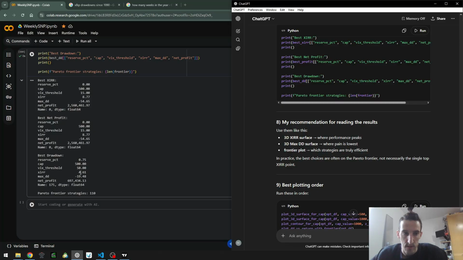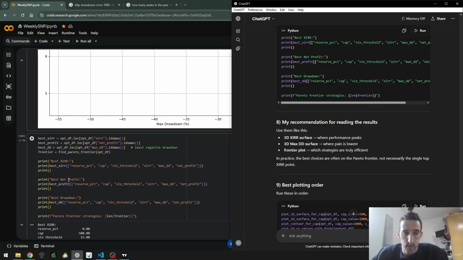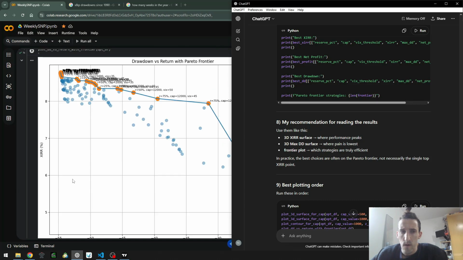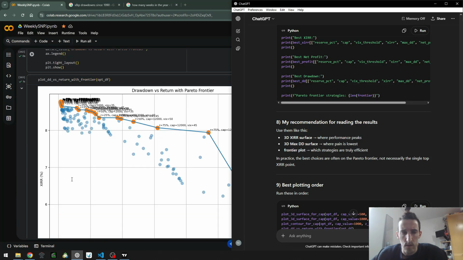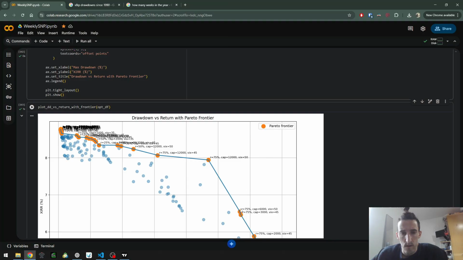Yeah, this is really bad. But wait, why didn't we see that earlier? Did we see it actually? I don't remember seeing this in the table. This is a frontier.